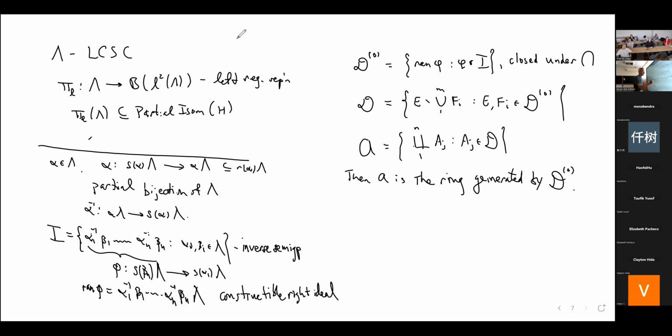And you can also characterize it: A is the ring generated by the principal right ideals and these maps that we have, the set of all theta inverse. In other words, the smallest ring of subsets of lambda that contains all the principal right ideals and is invariant under these maps. So it's not too hard to check.